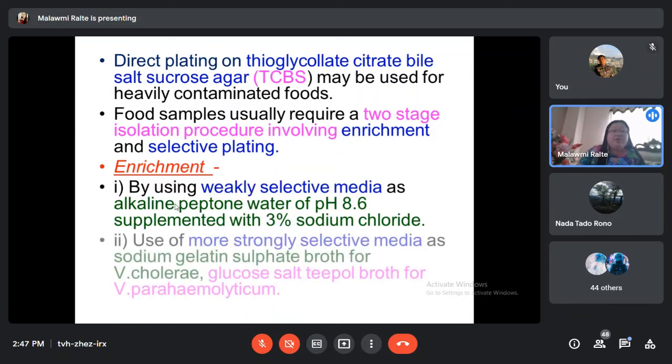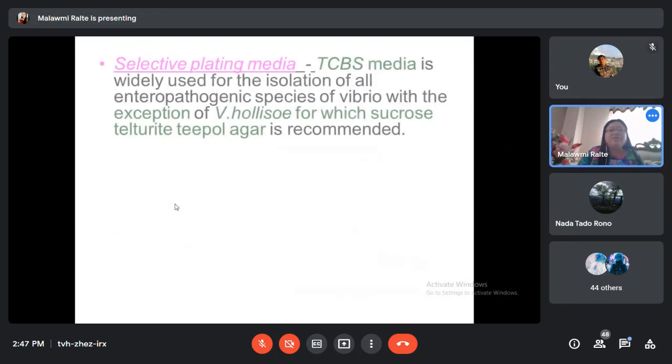Enrichment by using weakly selective media such as alkaline peptone water of pH 8.6 supplemented with 3% sodium chloride. You can use this as enrichment broth. Use more strongly selective media such as sodium gelatin sulfate broth for Vibrio cholerae, or for Vibrio parahaemolyticus you can use glucose salt Teepol broth.